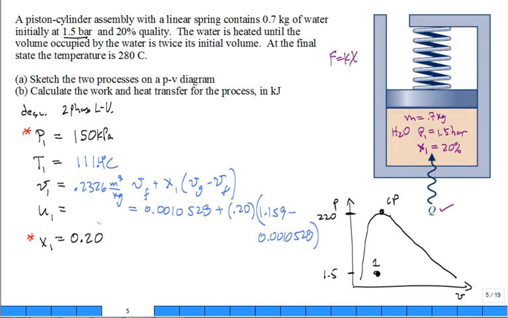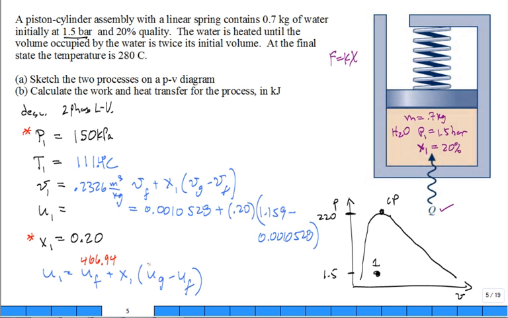Look good? How about U1? Is U1, just to write the equation down, U sub F plus the quality 1 times U sub G minus U sub F? Remind me again, what is the subscript F for? Saturated liquid. Subscript G for? Saturated vapor. Exactly correct. So then I just look in the table and I get off the values for U sub F. That would be 466.94.